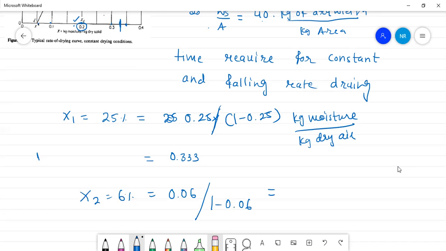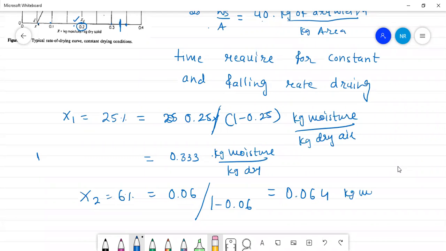It means we have to find up to 0.064. So we have to dry it from 0.33 kg moisture per kg of dry air.